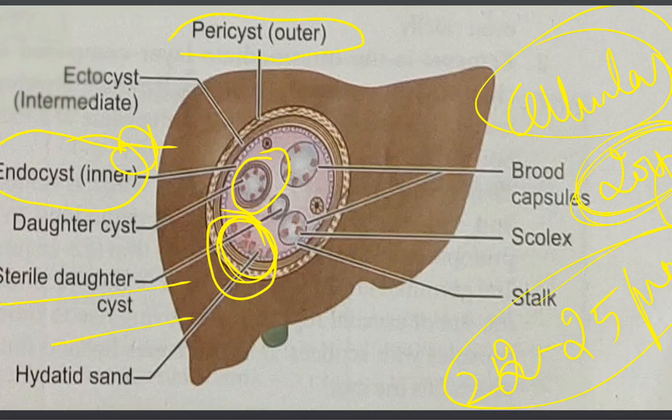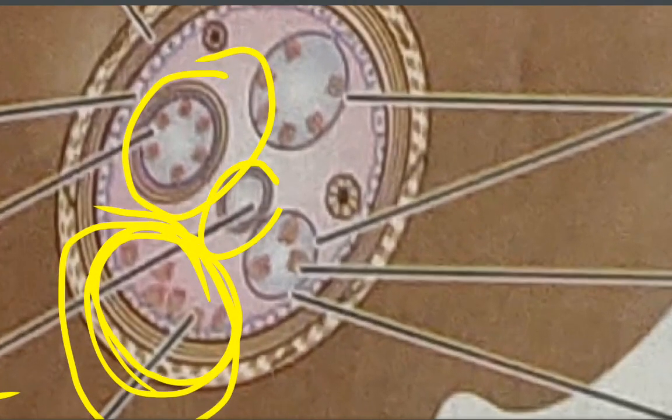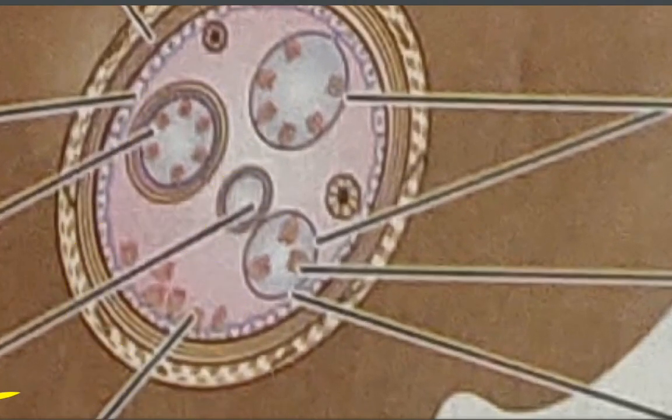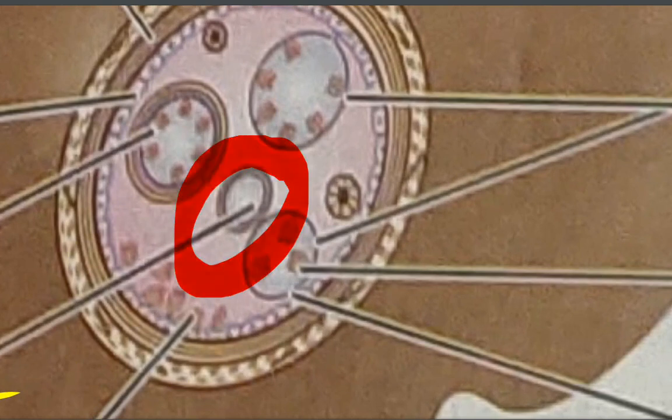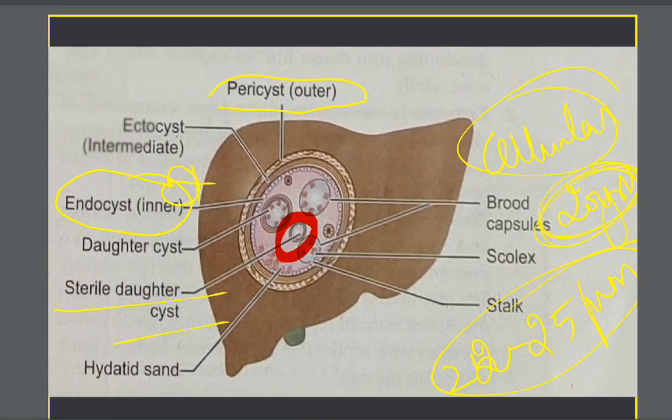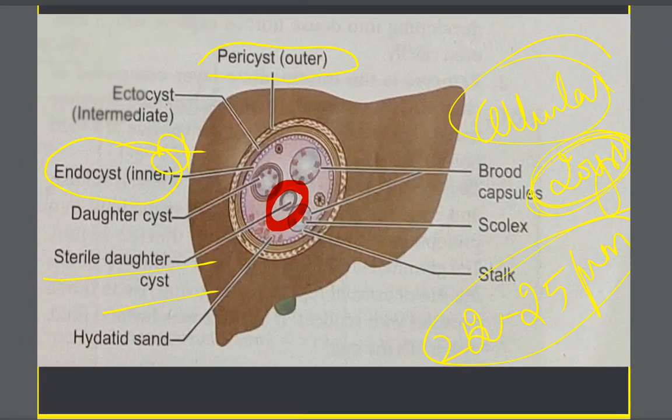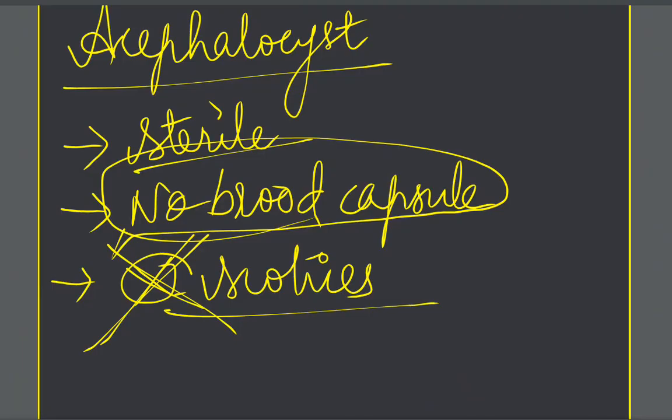You can see that these are sterile daughter cysts. See, there is no scolex inside it. This is called an acephalocyst.